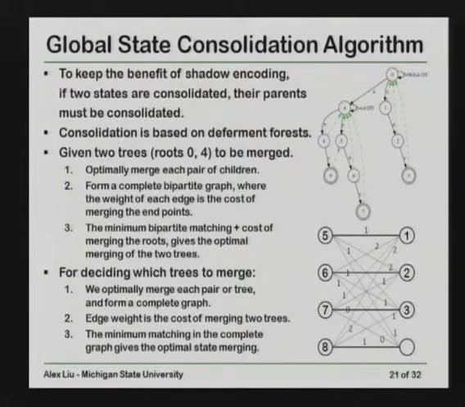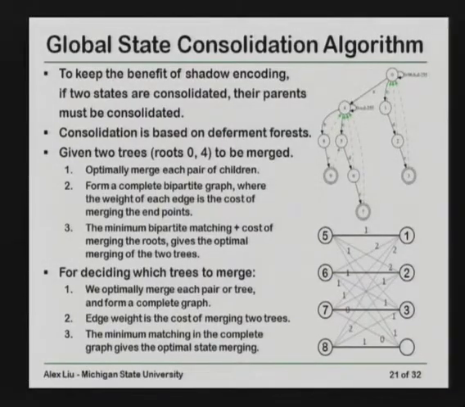We do this in a brute force fashion. We build a bipartite graph. On the left side is all the children of this root, and on the right is all the children of the other root. When the number of children is different, we can use a dummy node, and then we compute a complete bipartite graph.